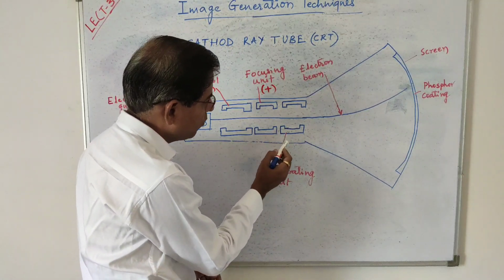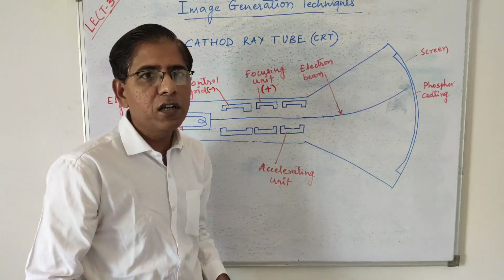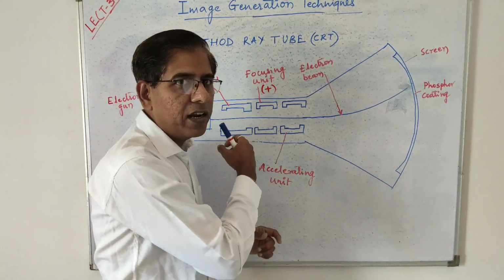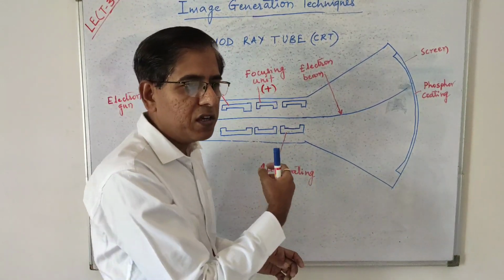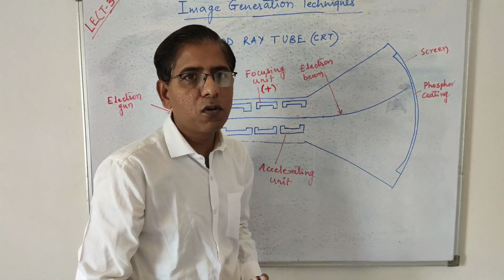Now the third component is the accelerating unit. The function of the accelerating unit is to accelerate, or to increase the velocity of, the electrons coming out from the electron gun.